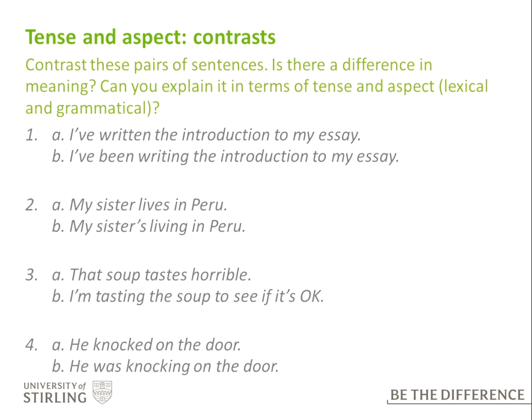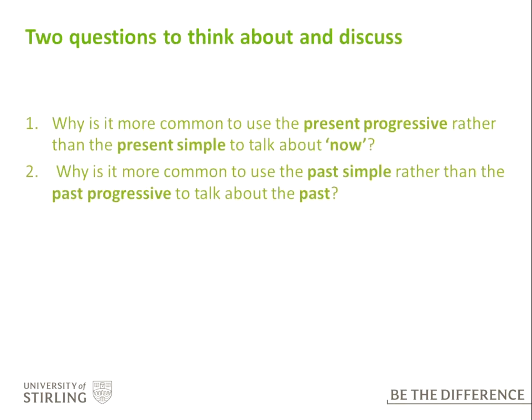Is there a difference in meaning? And can you explain it in terms of tense and aspect, both lexical and grammatical? Finally, why is it more common to talk about the present progressive rather than the present simple to talk about now? And why is it more common to use the past simple rather than the past progressive to talk about the past?